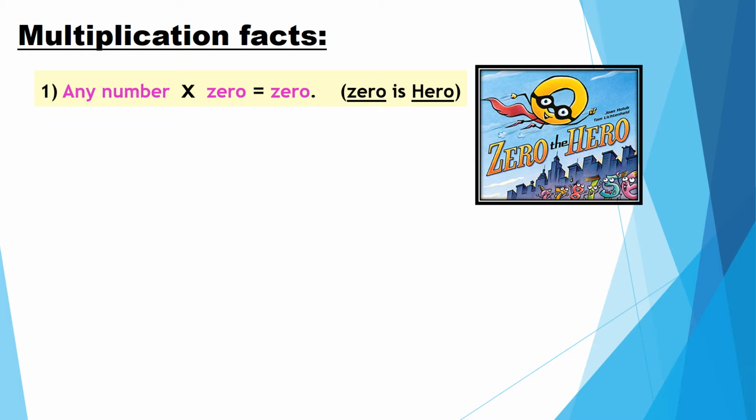We call 0 a hero. For example, 0 times 2 is 0, 0 times 10 is 0, 0 times 500 is 0, 0 times 1000 is 0, 0 times a million is 0. Any number times 0 equals 0.